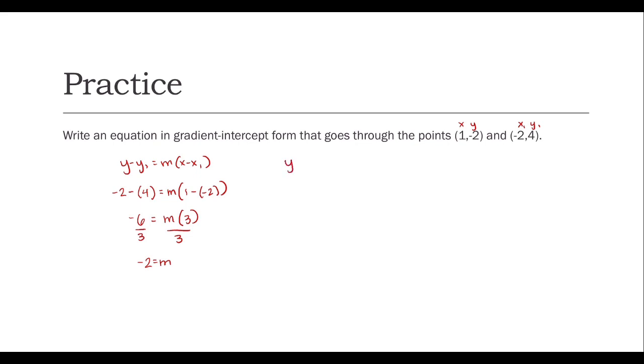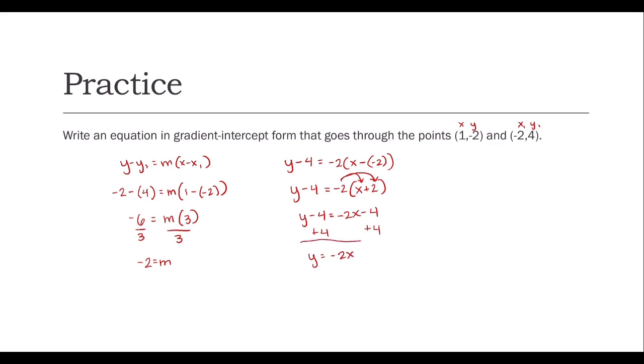So y minus y1, which is 4, equals m, which was negative 2, times x minus x1, which was negative 2. So y minus 4 equals negative 2 times x plus 2. We'll distribute our 2 to get y minus 4 equals negative 2x minus 4. And then we'll add 4 to each side to get that y equals negative 2x.